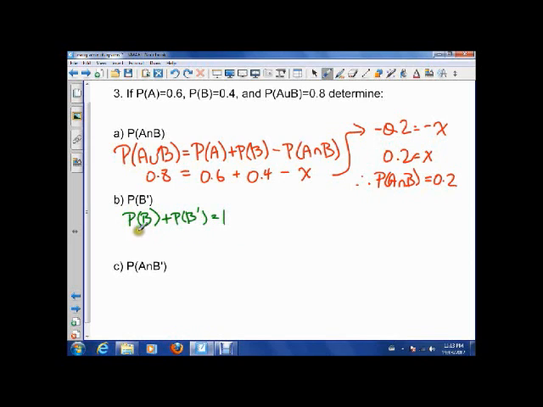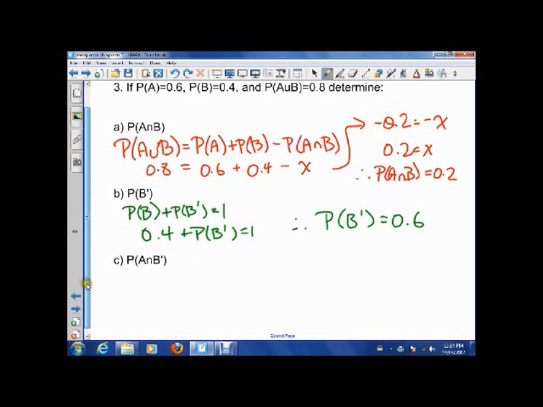For example, if B is all the people that got 6s on a test, either you got a 6 or you didn't. I'm 100% to pick somebody that either got a 6 or didn't. One of those two is going to happen. So we know that the probability of B is 0.4, and then we just isolate and we get that the probability of B prime is 0.6, because we take the 0.4 over and we're done.